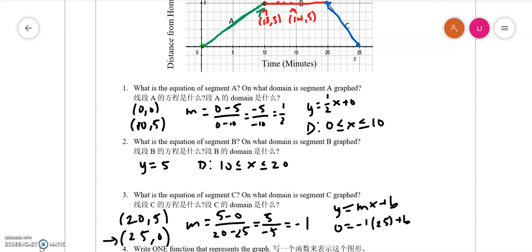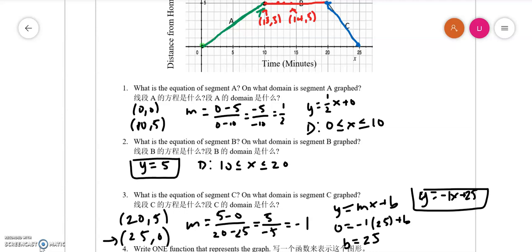That means b is equal to 25. So now we have the equation y equals negative 1x plus 25. There's our equation, there was our second, and there was our first.